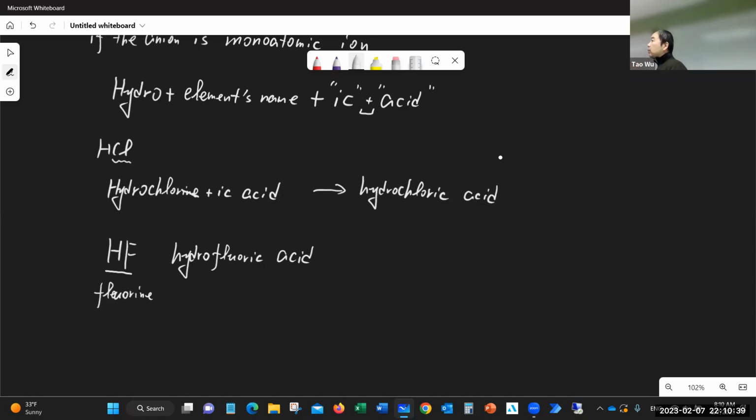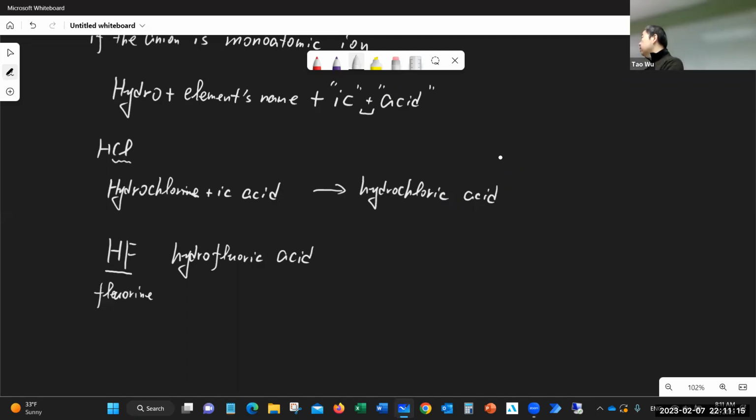When we handle HF, we need to wear a very special glove, because HF can easily penetrate a normal latex glove. If just one drop of HF is put on your finger, in probably half an hour you will see your bones. It can penetrate your skin very easily. That is why HF is very corrosive.